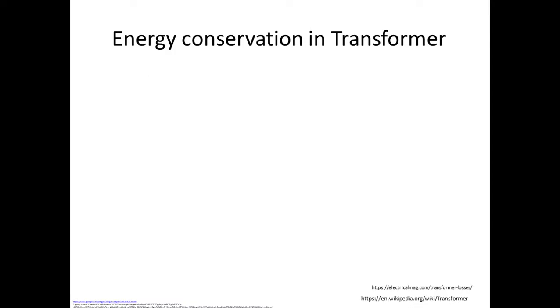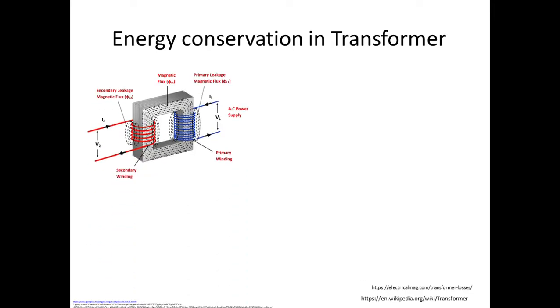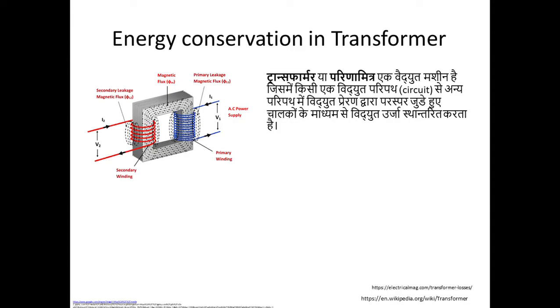We see that in this electricity supply system, in many places transformers are used. So what is a transformer? A transformer is an electrical machine in which electrical energy is transferred from one electrical circuit to another through conductors linked by electromagnetic induction. Electricity is supplied from the primary winding to the secondary winding. The values of V1 and V2, that is the volts, depend on the type of use, step up or step down.